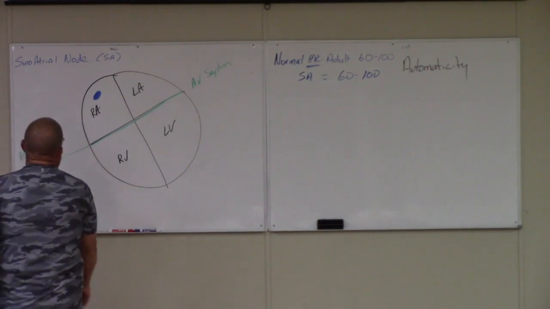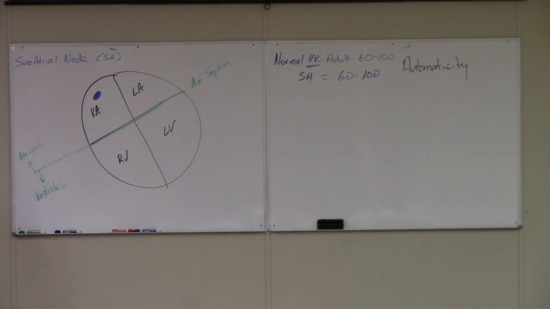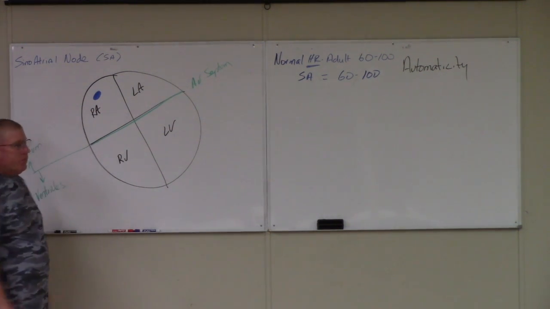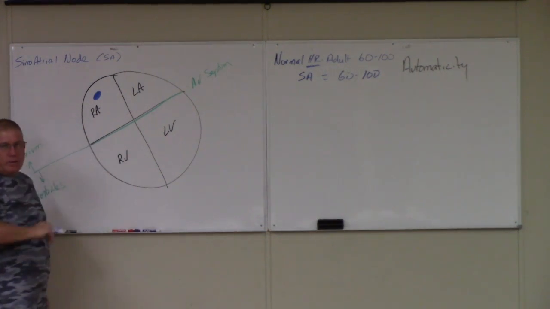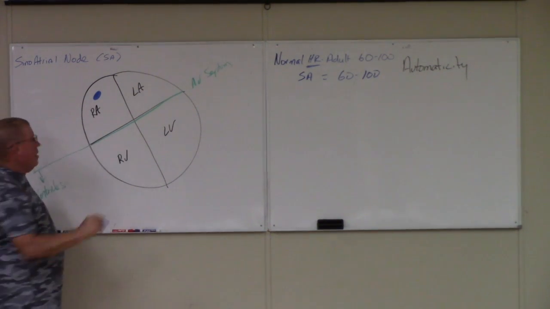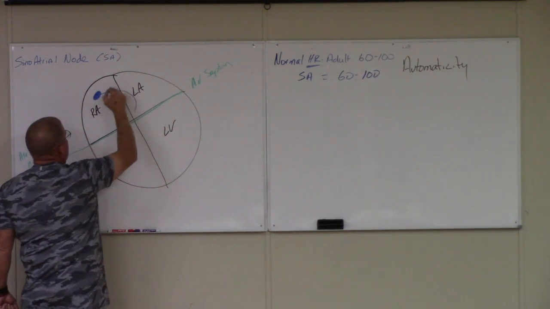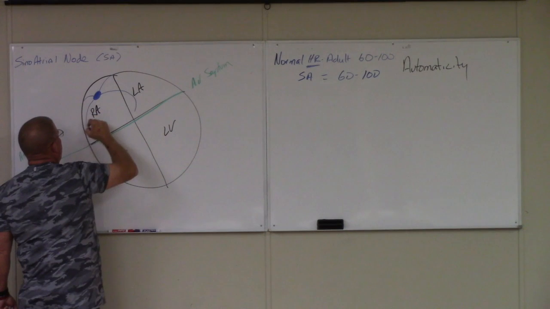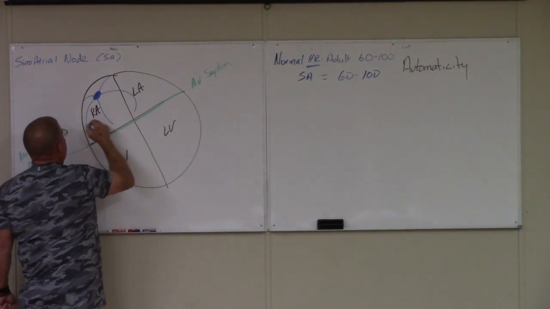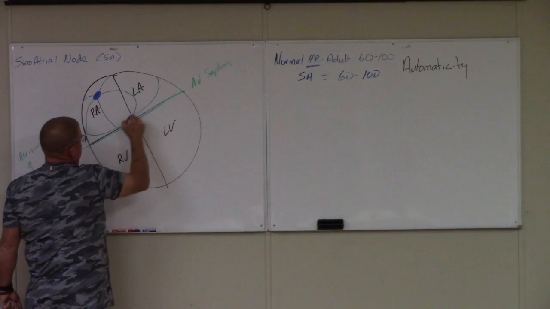So what happens, we have the SA node, okay? And from the SA node, there are some intra-atrial pathways. What that is, off of this SA node, there's more like roadways, okay? That will go through the left atrium, all the back of the heart as well, all the atrium, and then they all come back together right here, from the back, okay?